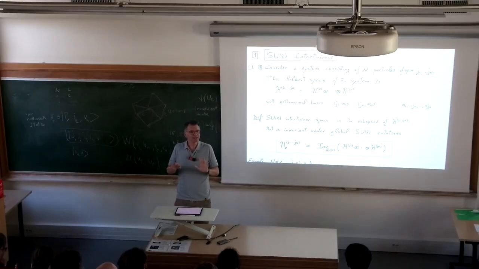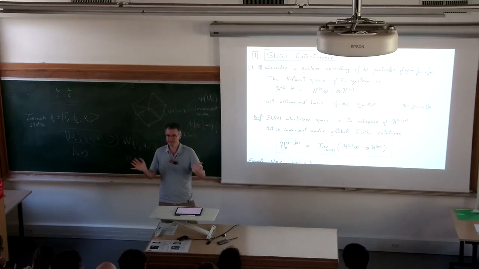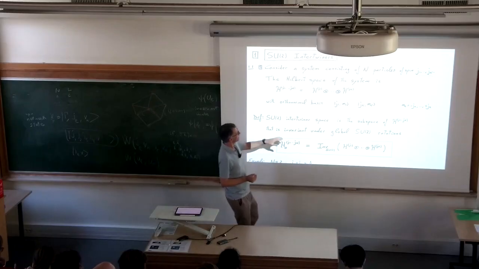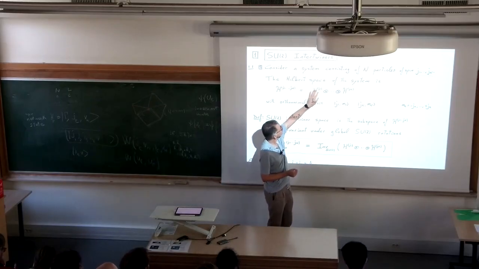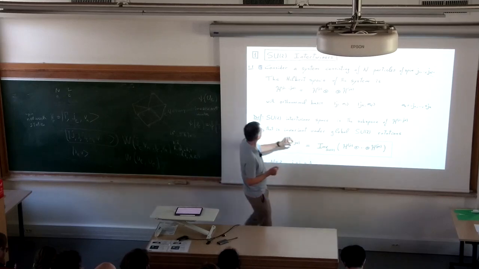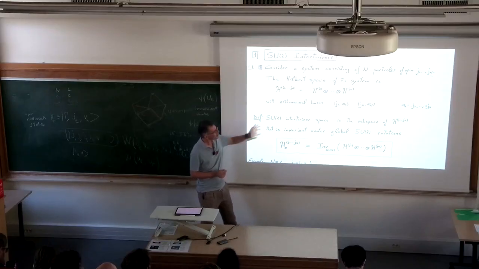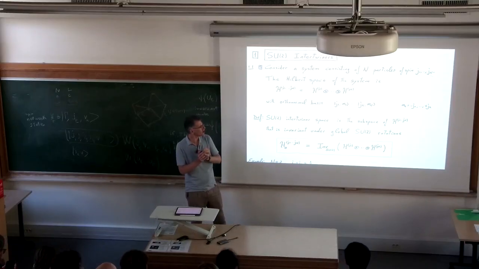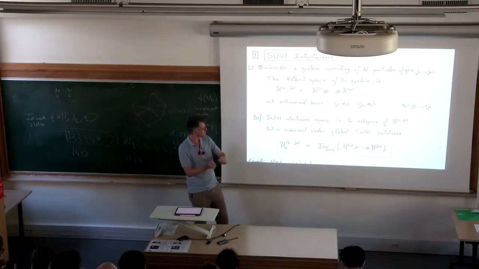And so now I'm ready to say what is an SU2 intertwiner. You take the Hilbert space of this system. It has a big dimension, 2J1 plus 1 times 2J2 plus 1 and so on. And inside there, you look for a subspace of states that are invariant under rotations.